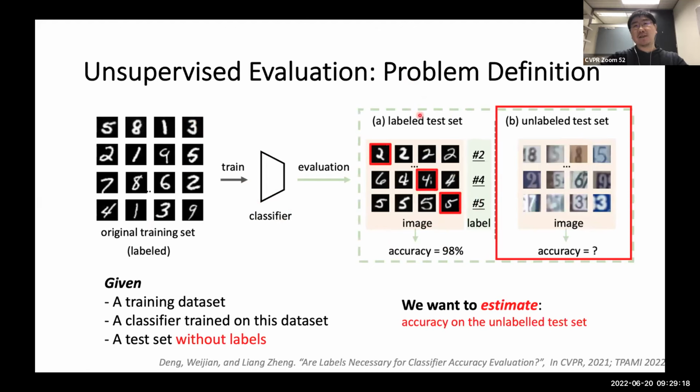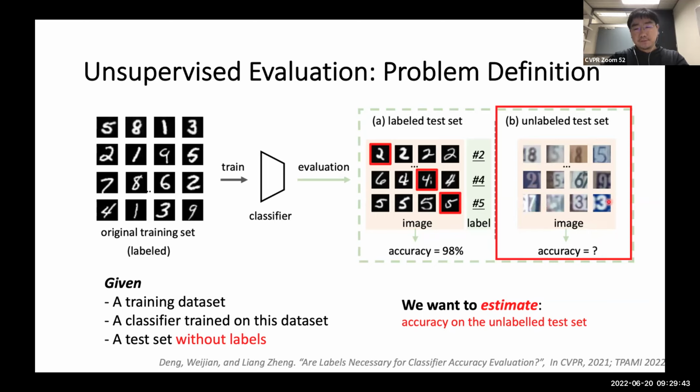So we can very easily compute the classifier accuracy on this labeled test set. For example, our accuracy is 98%. The problem that we are looking at is unlabeled test sets. We evaluate our model on unlabeled test sets. Can we obtain the model accuracy on this test set?